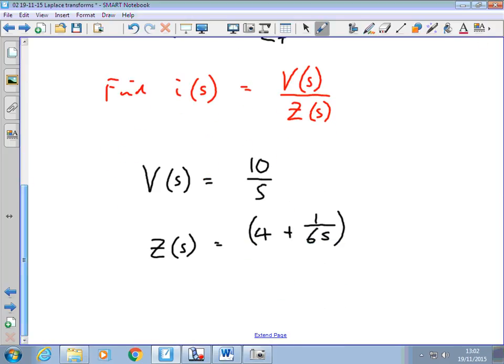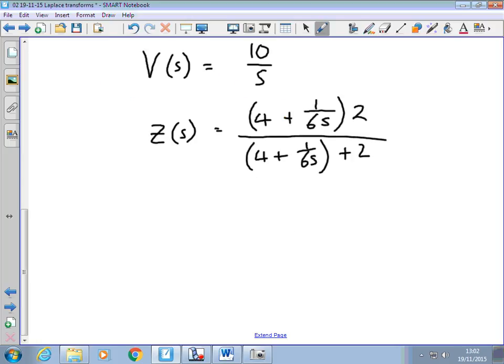So product, so times 2 over sum. 4 plus 1 over 6s plus 2. So that's our transform in S space.